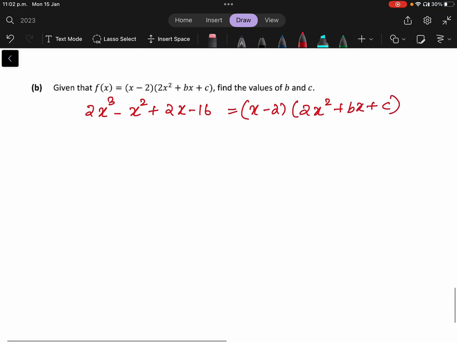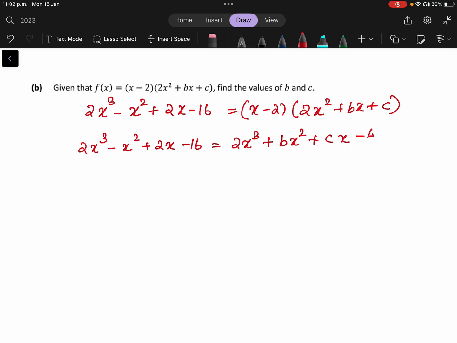Now I can simplify this as 2x cube minus x square plus 2x minus 16 is equal to 2x cube plus bx square plus cx minus 4x square minus 2bx minus 2c.